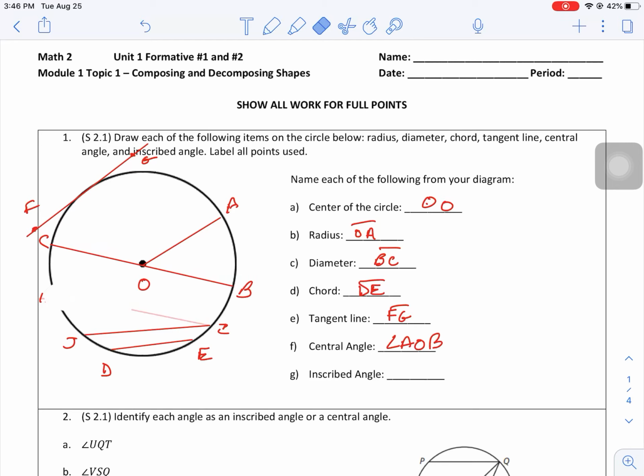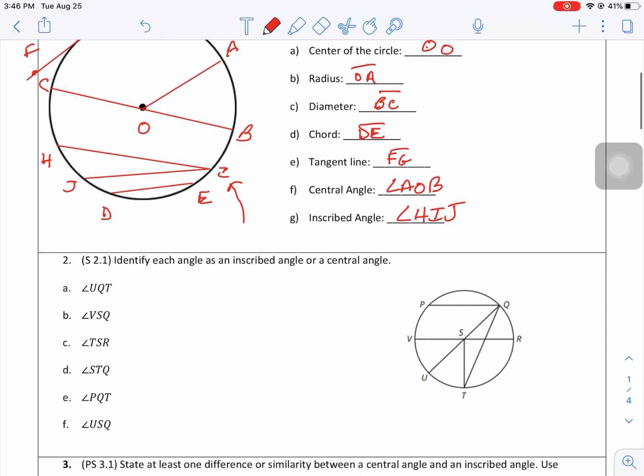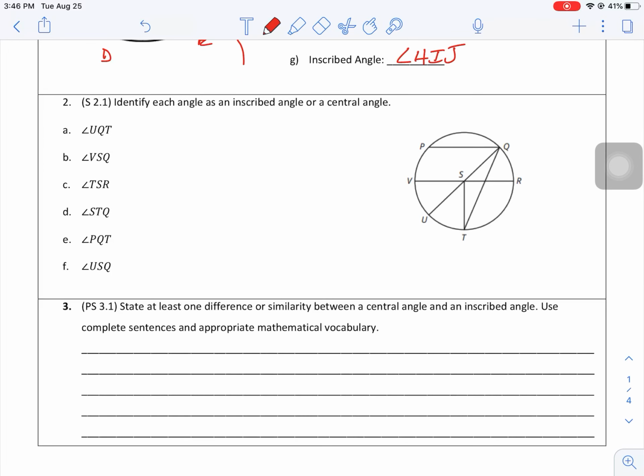I'm going to highlight from H to I to J, that angle there, the vertex is on the circle, okay? That vertex is here. All right, so let's see if I can get rid of some of this. There we go. And so we have angle HIJ. All right? Your diagram does not have to look like that, but that's the first question you're going to have to be able to do.